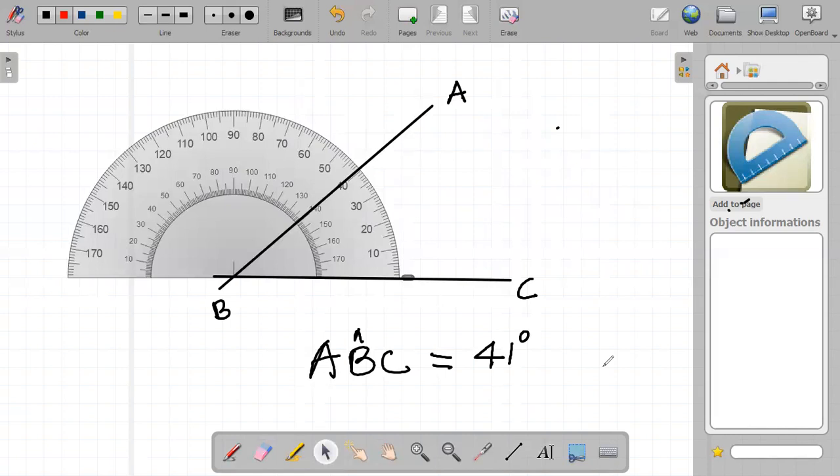Draw another angle. Draw an obtuse angle, and let's measure it.